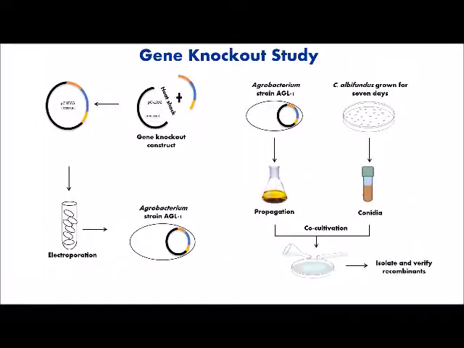In order to confirm the GWAS result, we generated a knockout construct of this multi-copper oxidase gene. For this, we used an Agrobacterium-mediated transformation protocol, which involves the generation of the construct, transforming it into Agrobacterium, and then the transformed Agrobacterium is co-cultivated with the conidia of the fungus.